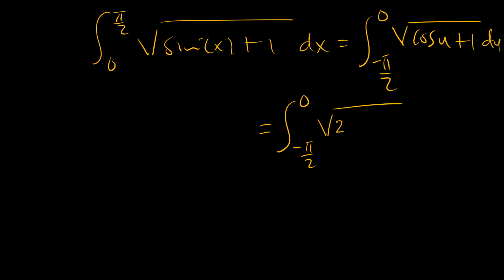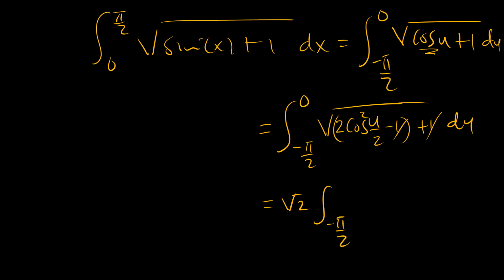So we have 2 cosine squared u over 2 minus 1, that is the same as cosine u, plus 1, and we see this and that cancel, so we are left with square root of 2, and the square root of cosine squared becomes cosine u over 2. So we've removed the square root sign, and now things are easy for us.